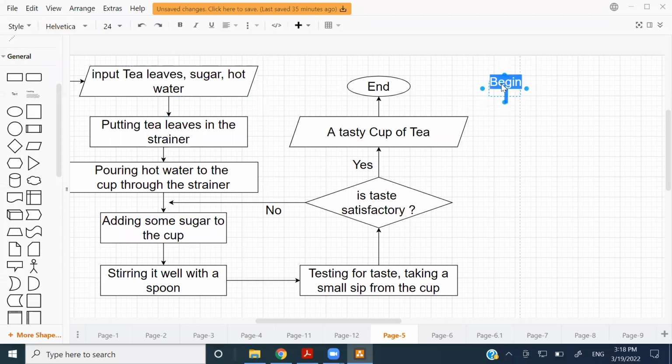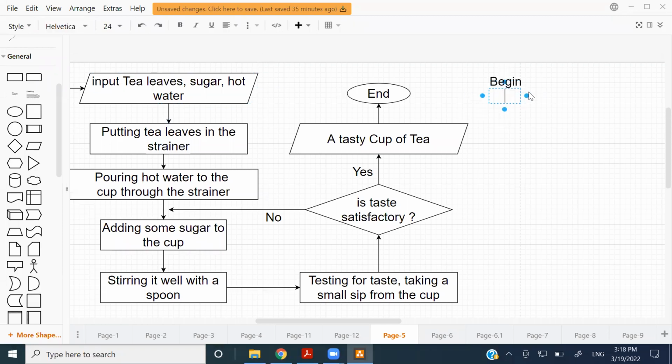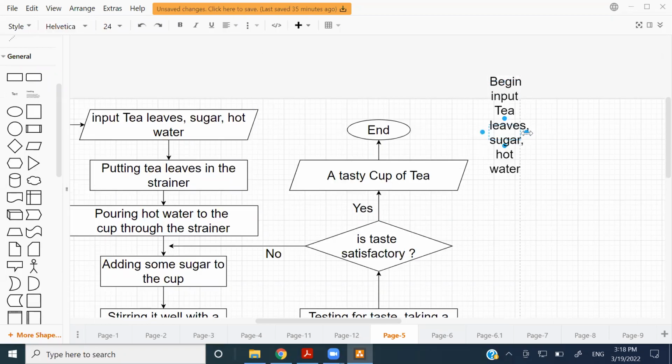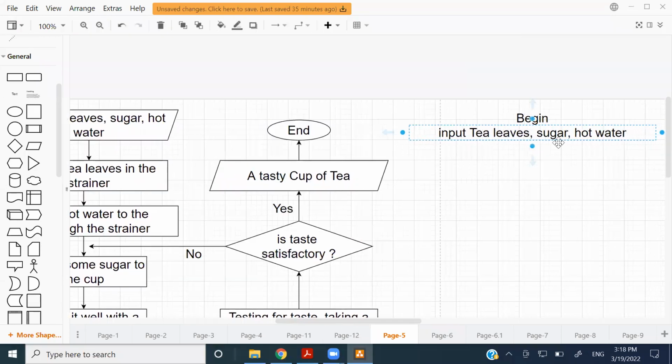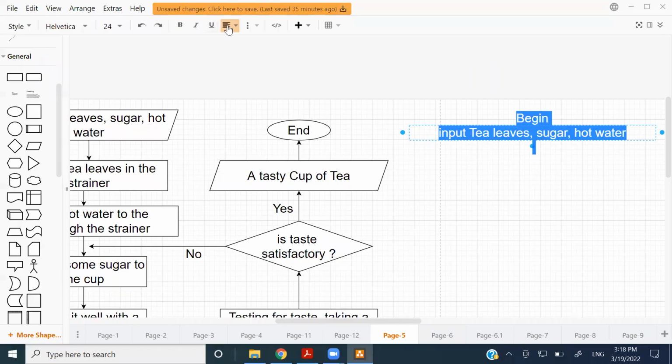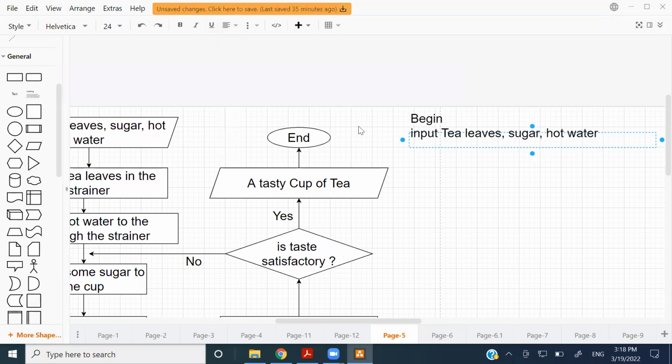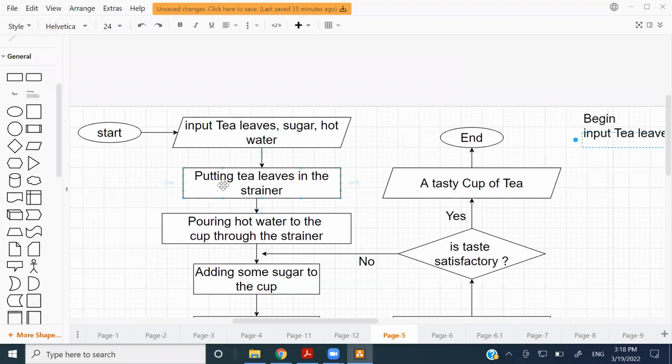So after begin, we are going to say input tea leaves, sugar, and hot water. Right? Then this particular step, putting tea leaves in the strainer, will be there.